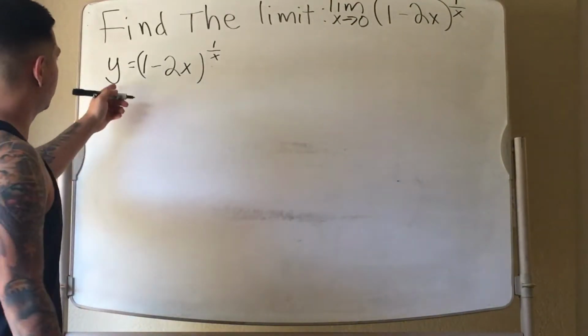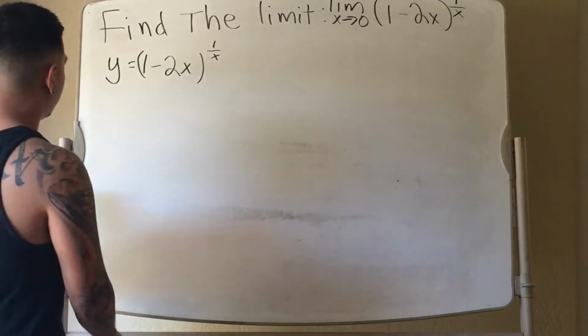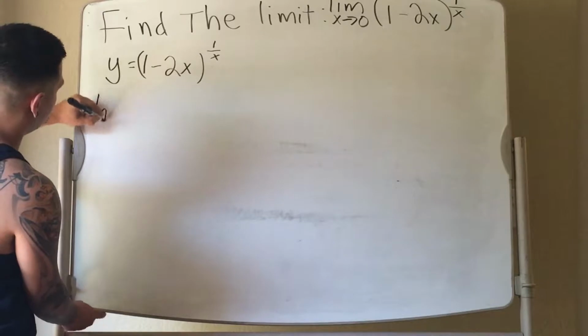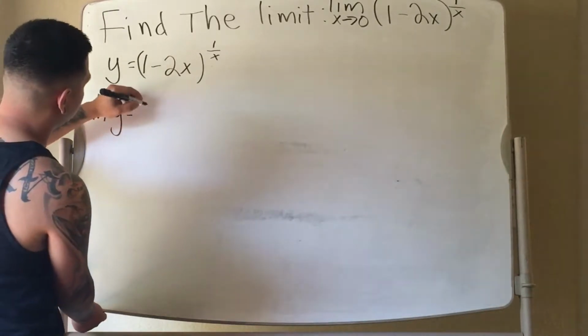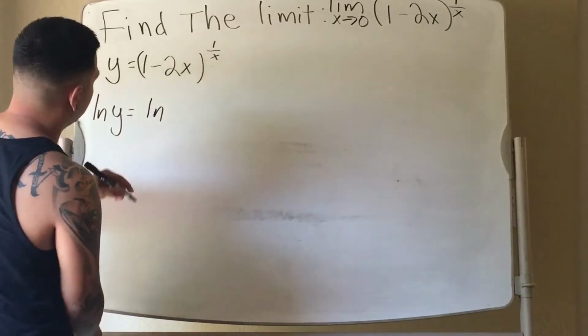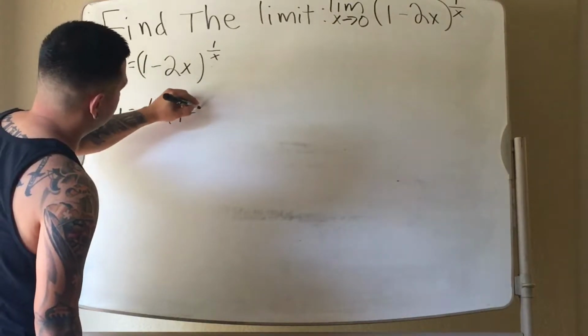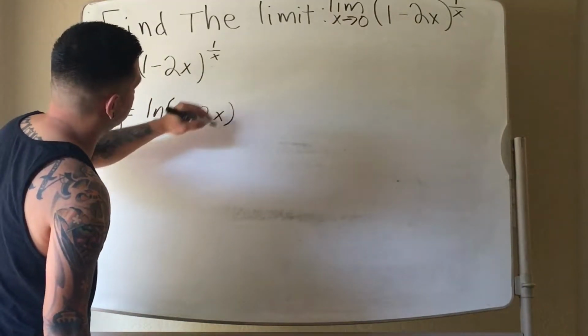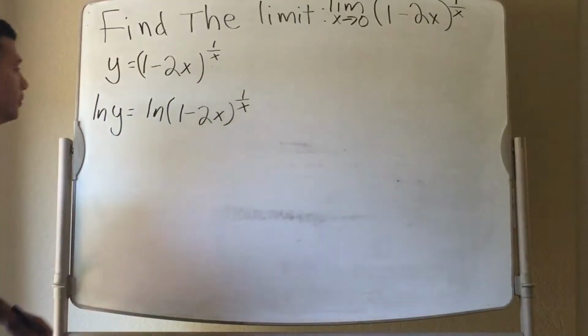Okay? And so what I'm going to do is I'm going to ln both sides. So ln y is equal to ln of (1 minus 2x) to the 1 over x power.